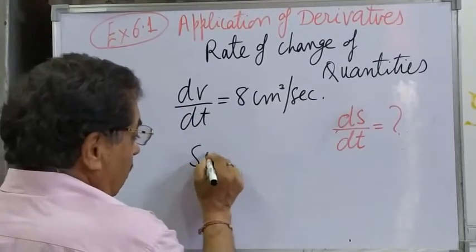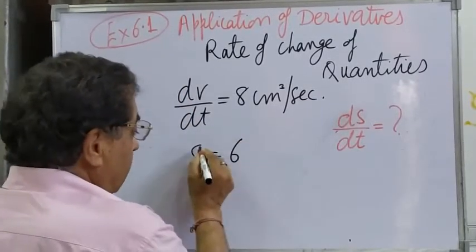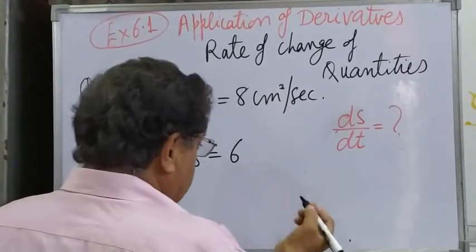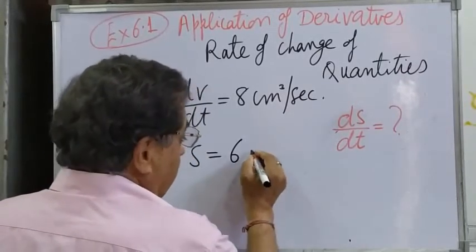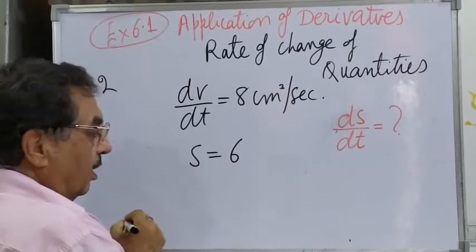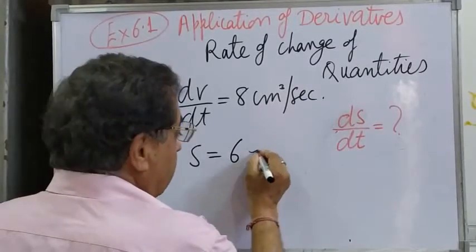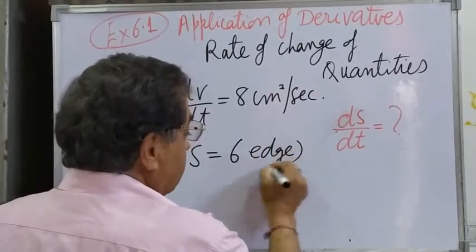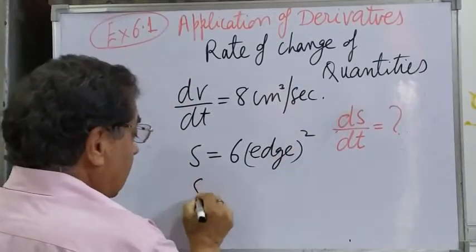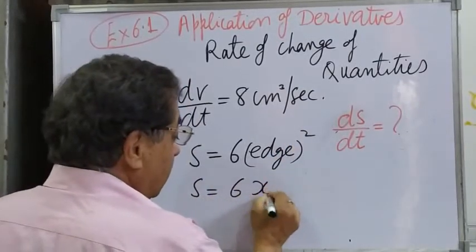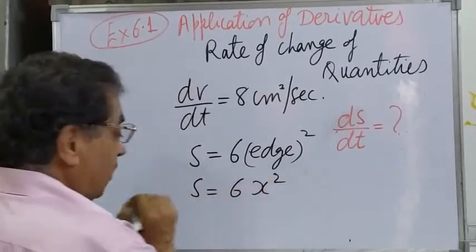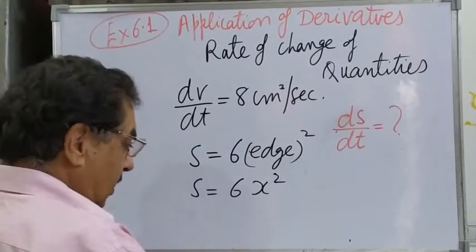Surface area of a cube is equal to 6 edge square. Let us take the edge equal to x, so S is 6x square.